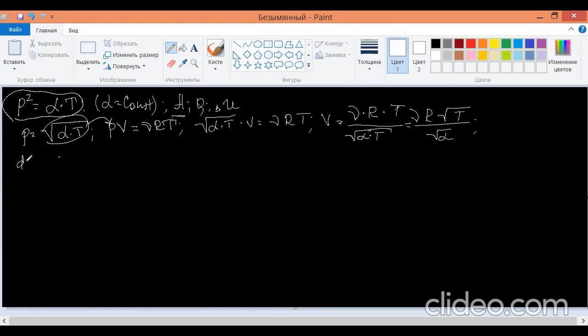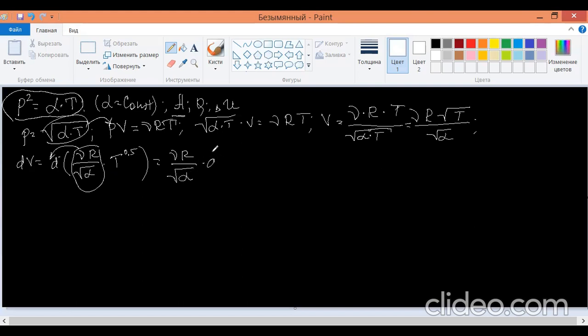So dV is the differential of this fraction: nu R over the square root of alpha, times T raised to 0.5. These are constants. For that reason, we can put them before the differential, and we will get nu times R over the square root of alpha.